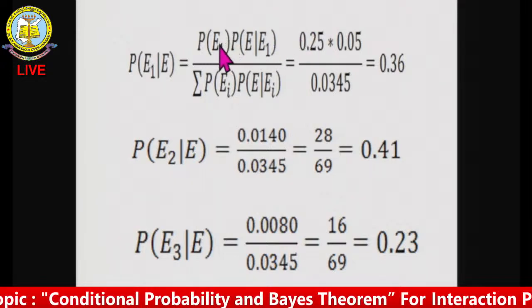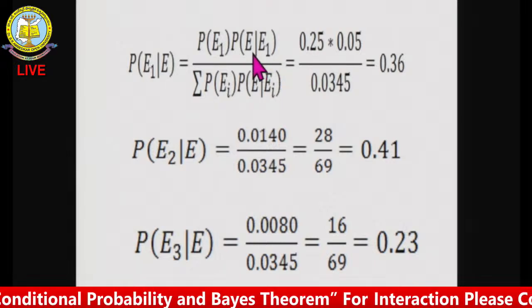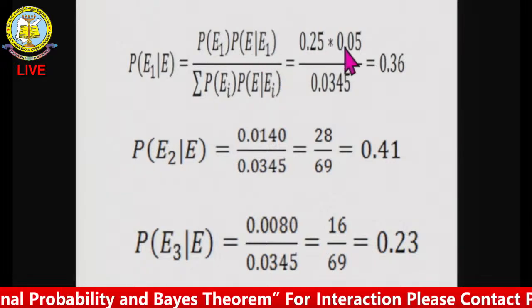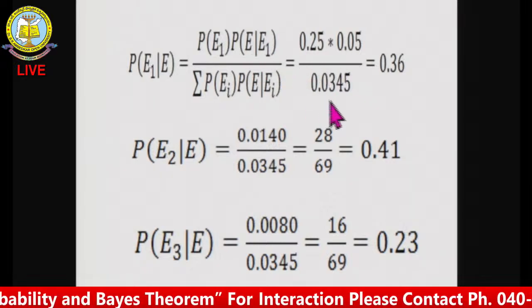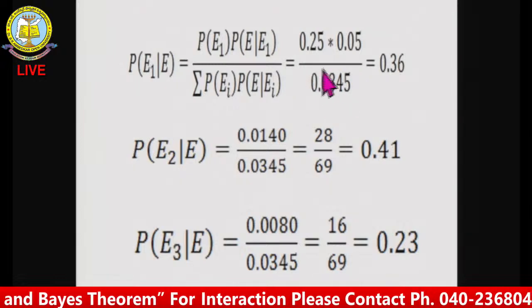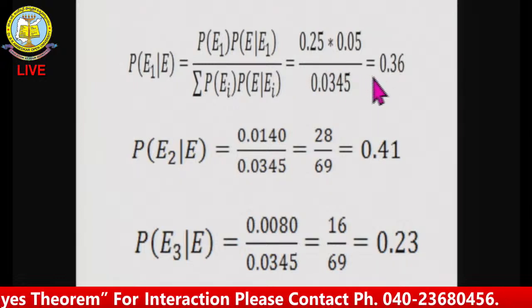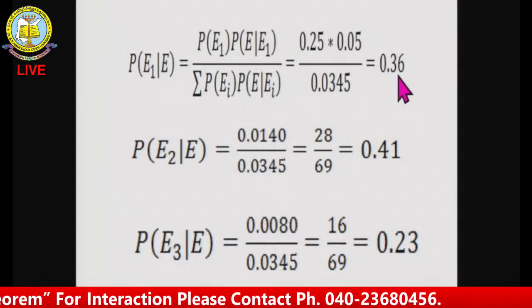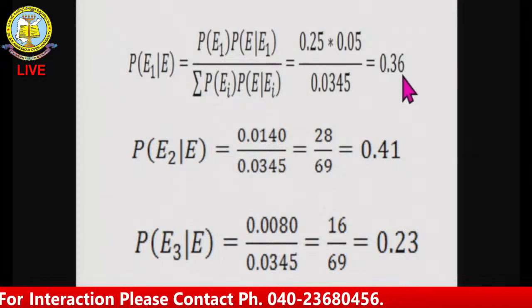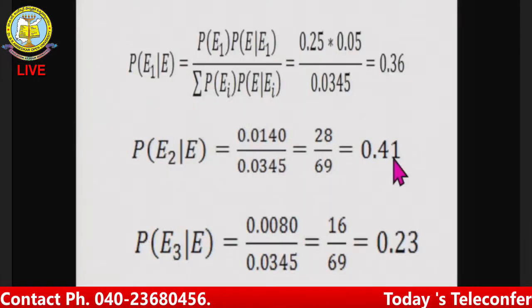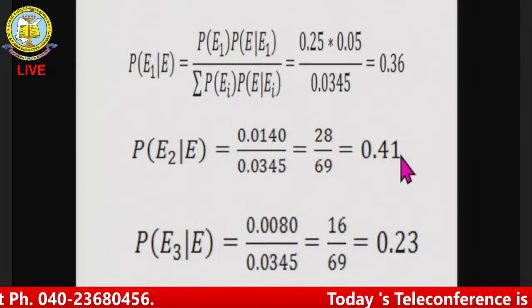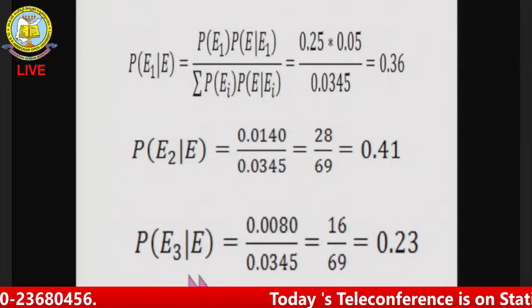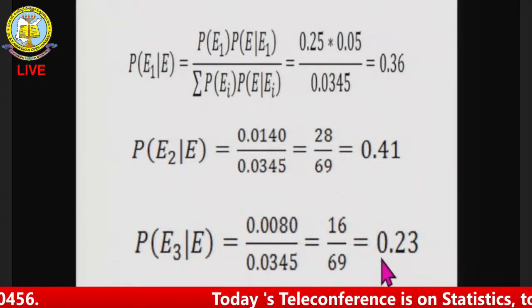Probability of E1 is 25%, the defective chance is 0.05, and the total output is 0.0345. If I simplify, that is 36%. The bolt is from manufacturer A with 36% chance. Similarly, we can calculate manufacturer B, that is 0.41, that means 41%, and for the third event, C, that is 23%.